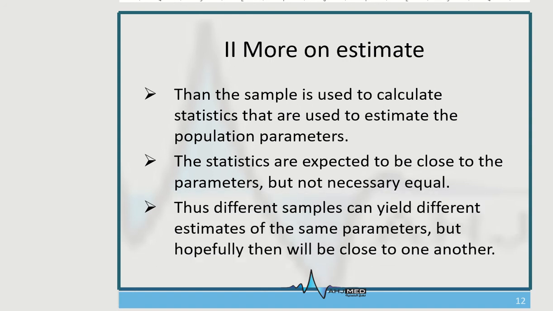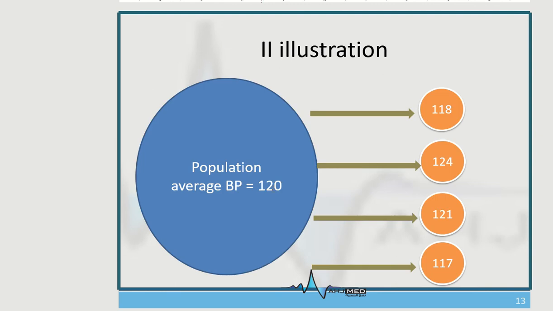I have an illustration here. Let's think about a population where we're looking at mean blood pressure, and let's say the real value is 120. If I take different samples and in every sample calculate the average blood pressure, that is an X bar, not mu.